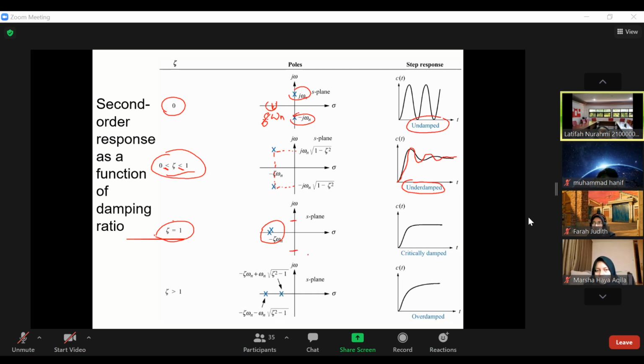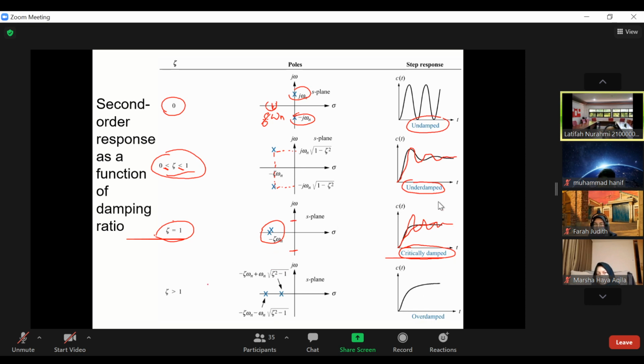What happens if you don't have omega d? You don't have an oscillation, right? And this one is called critically damped. So it is simply going and reaching the output. It looks more like a first order system.